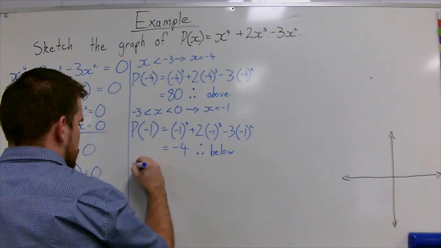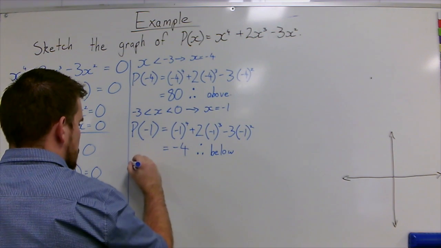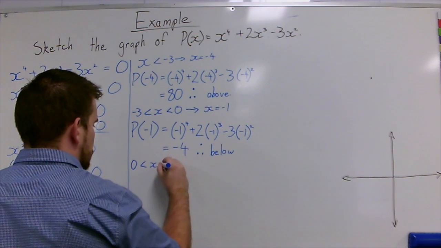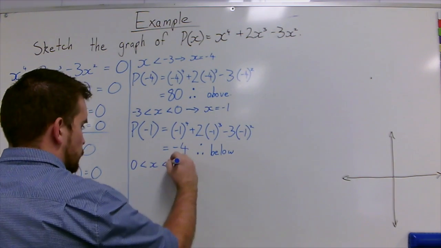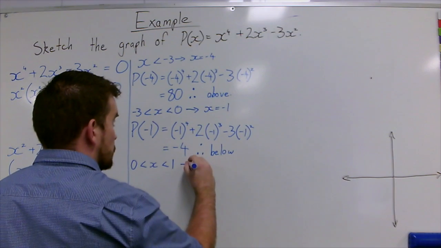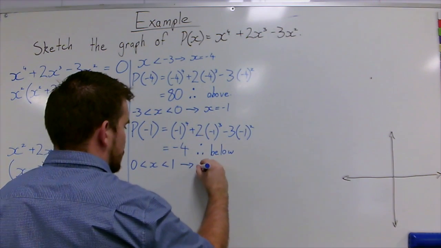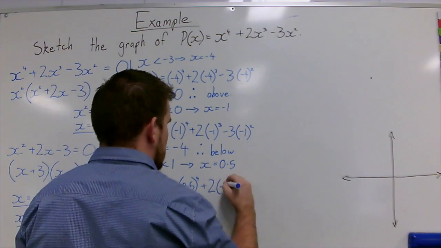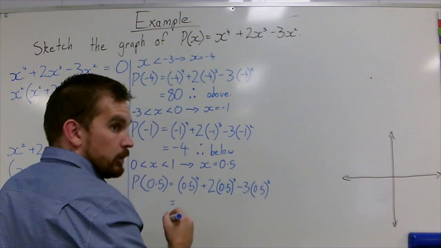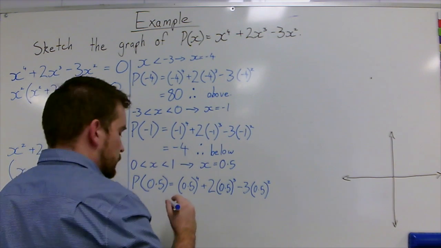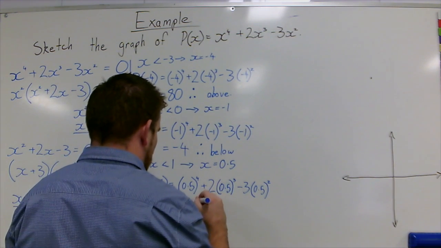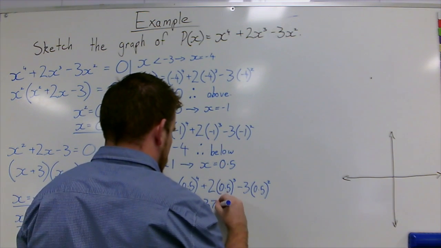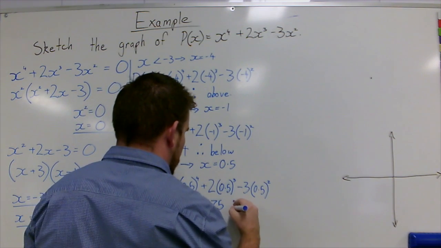Then for 0 is less than x, which is less than the next x-intercept, 1, I'm going to choose x equals 0.5. When we put that into our calculator, we get the value of minus 0.4375. So that is also below.